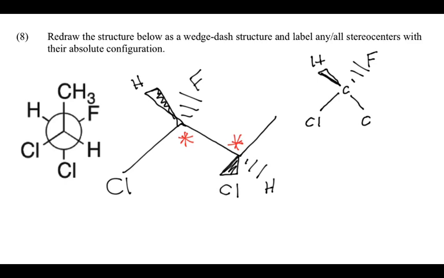All right. Cl greater than F. Yes. Cl has a higher atomic number than F. I was correct on that, right? Does Cl have a higher atomic number than F? Yes. That's what I thought. Chlorine is higher. That's absolutely right. Let's see.